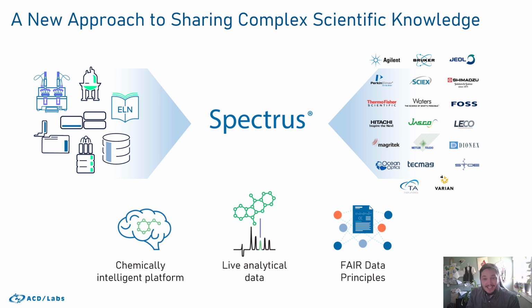It is a chemically intelligent system, so you can do things like structure-based searching. The analytical data is live, so that allows you to get your hands on that analytical data more easily. And it's built on the FAIR data principles: findability, accessibility, interoperability, and reusability.